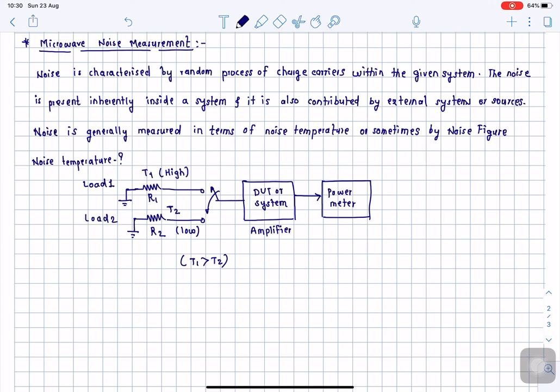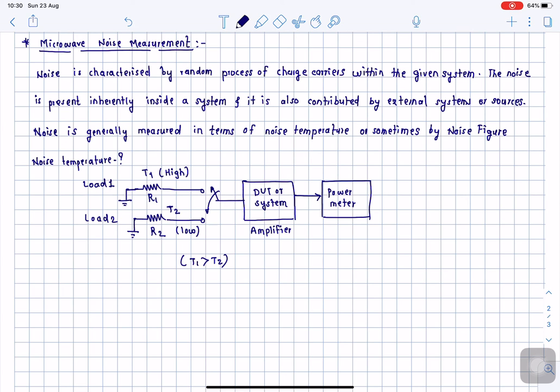The amplifier or device under test whose noise we want to measure in terms of noise temperature is connected to one of the two matched loads at different temperature, and the output power is measured for each case. If T1 is the temperature of load number 1 and T2 is the temperature of load number 2, then we are going to measure two different powers.